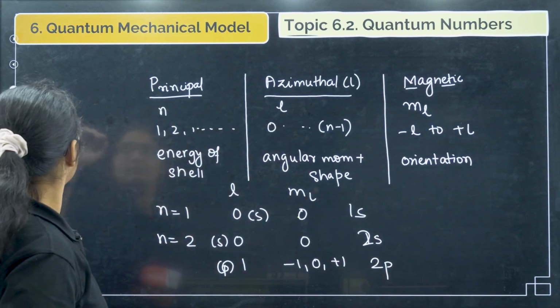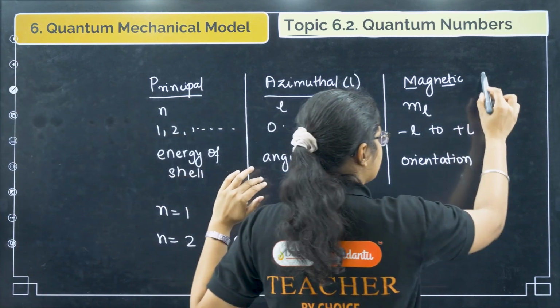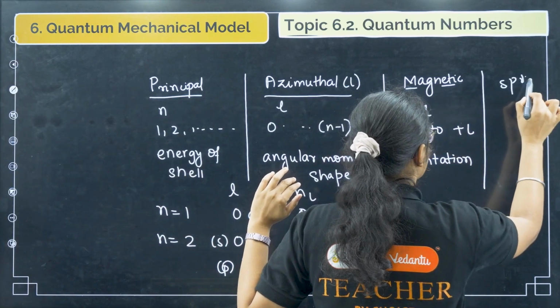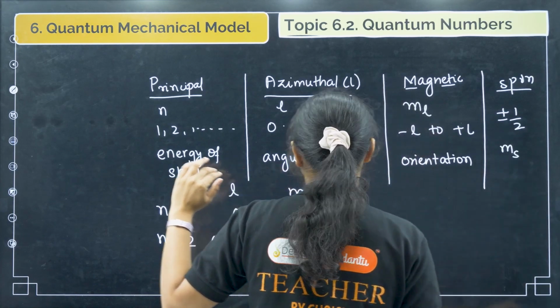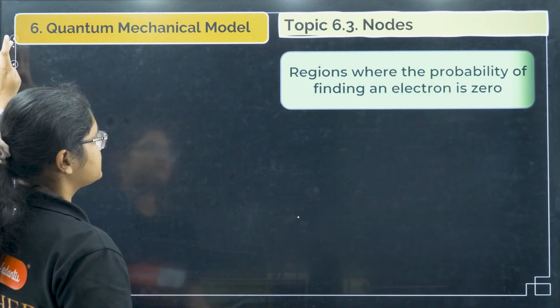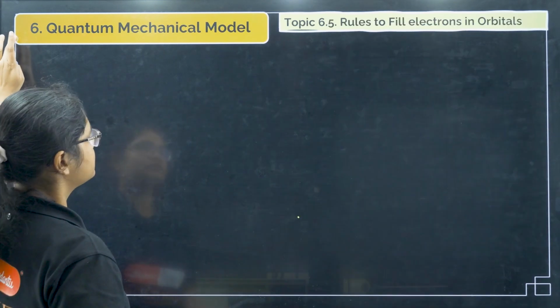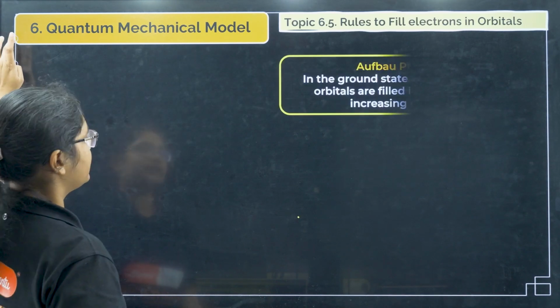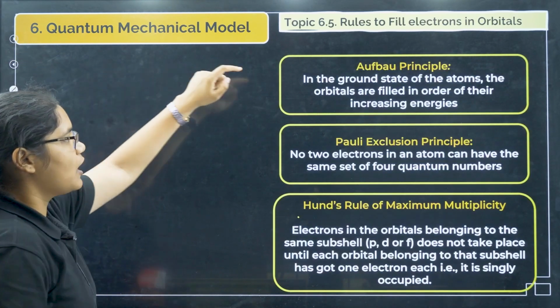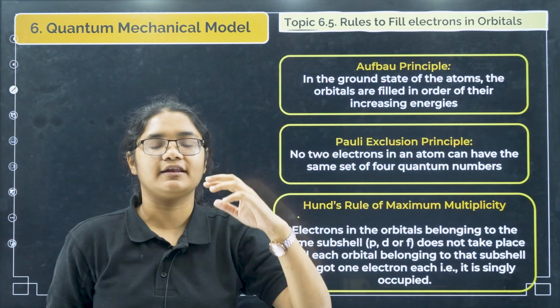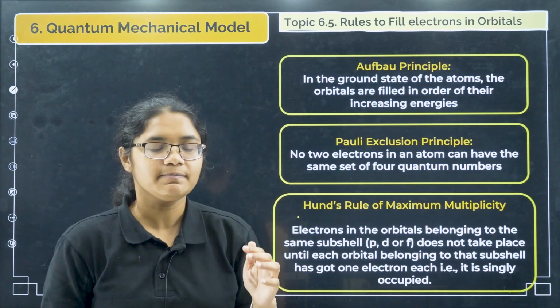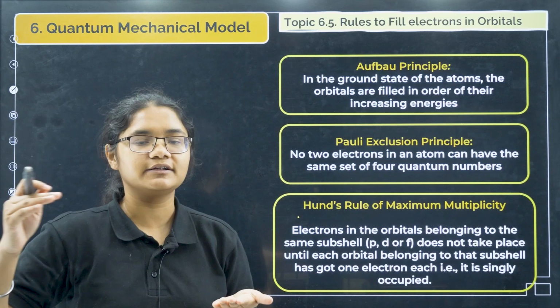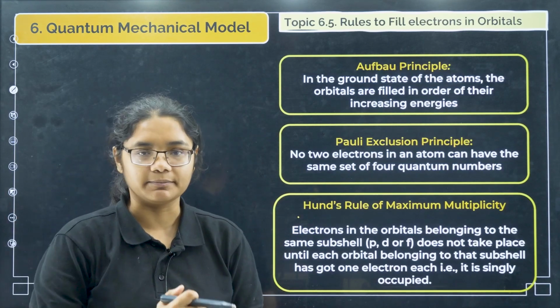So this is how quantum numbers work, and after that we have another quantum number, the spin quantum number, whose value is plus or minus half, denoted by ms. Next, we already discussed nodes. Now how to fill the electrons? We have three rules here. The Aufbau principle says that orbitals of lower energy will be filled first, and then the higher energy ones.